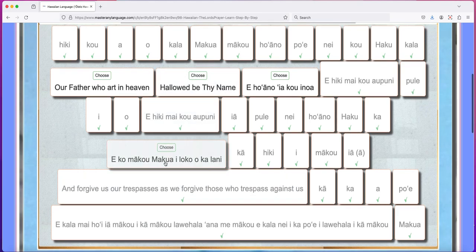E ko makua i loko o kalani. E ho'ano ia ko inoa.